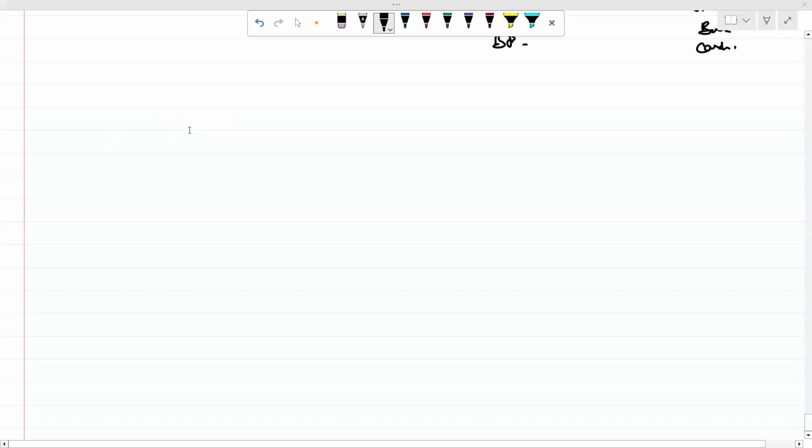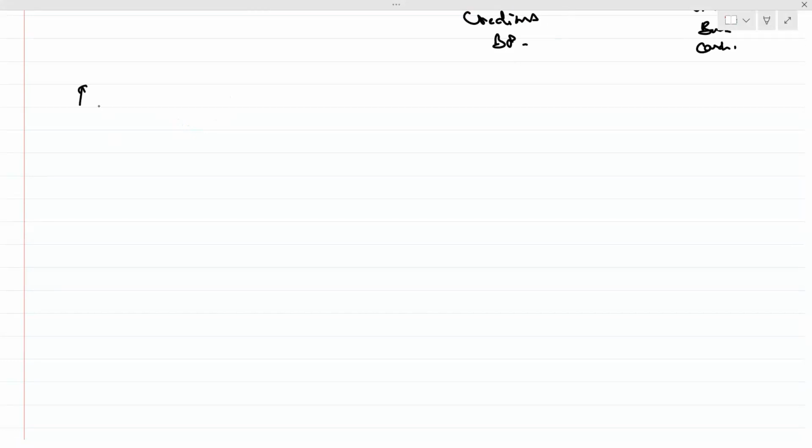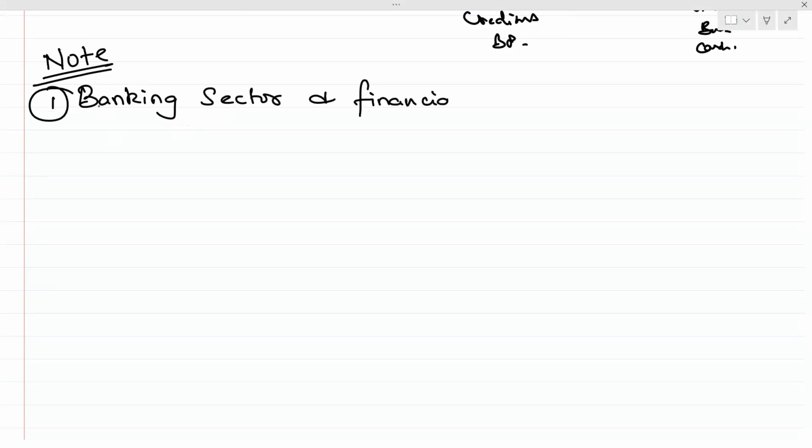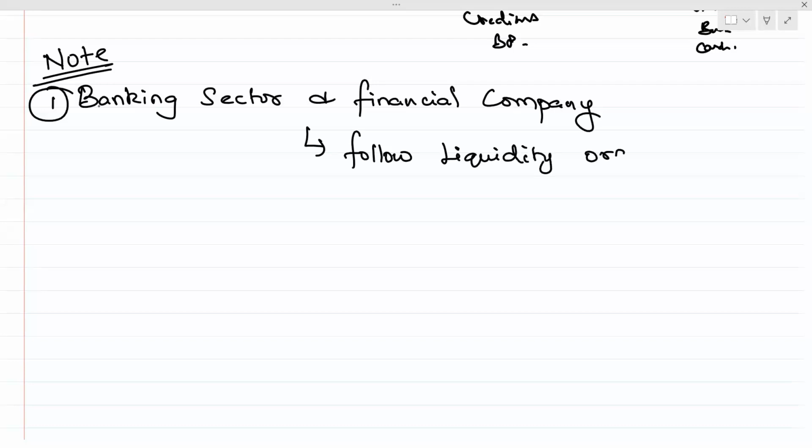Banking sector and financial companies: for them money is the most urgent thing, so they will follow the liquidity order.